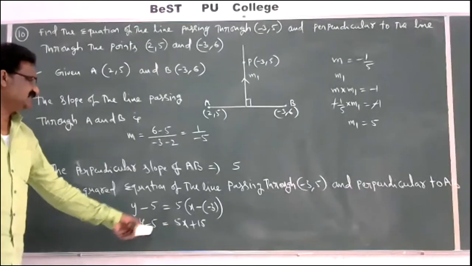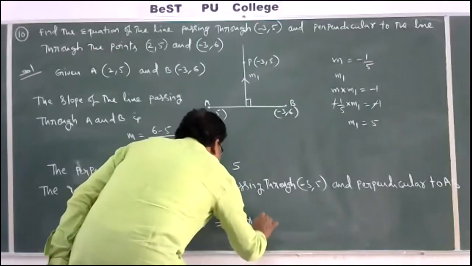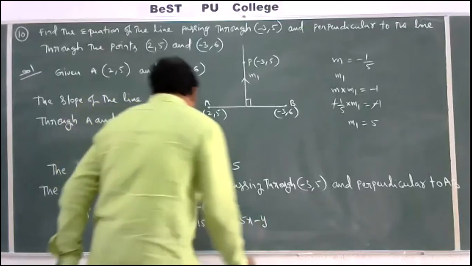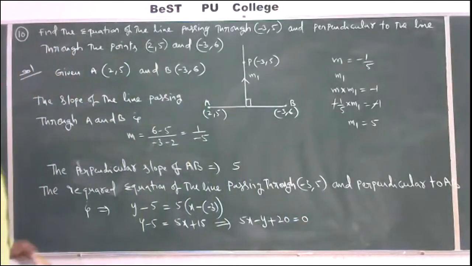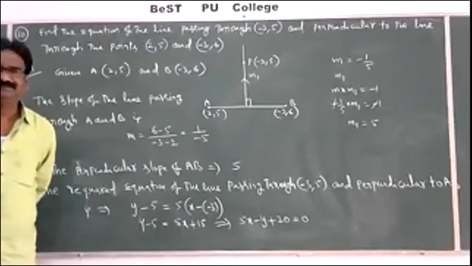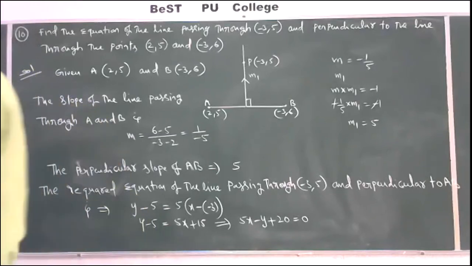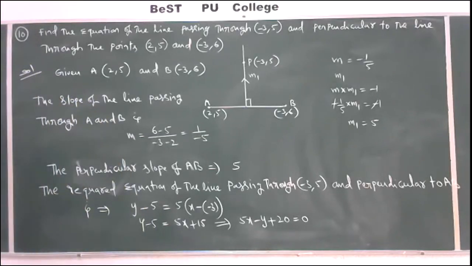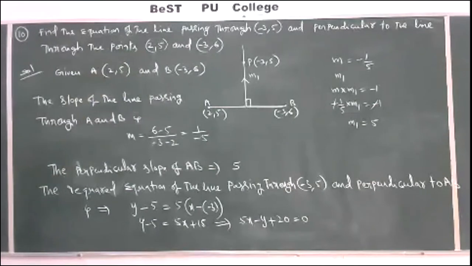You bring this y minus 5 to that side, then you get 5x minus y plus 20 is equal to 0. 5x minus y plus 20 is equal to 0. That's the required equation of the line, which is passing through minus 3 comma 5 and perpendicular to the line passing through 2 comma 5 and minus 3 comma 6.